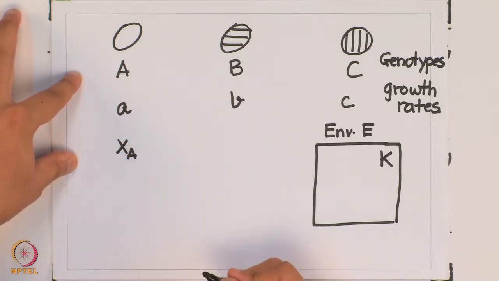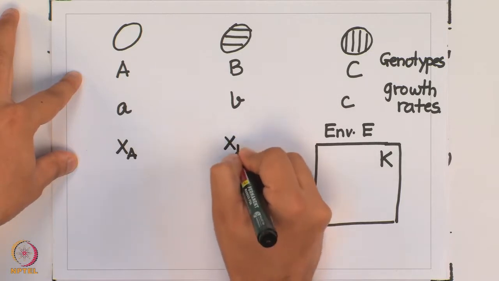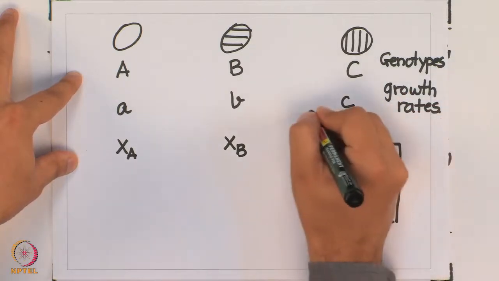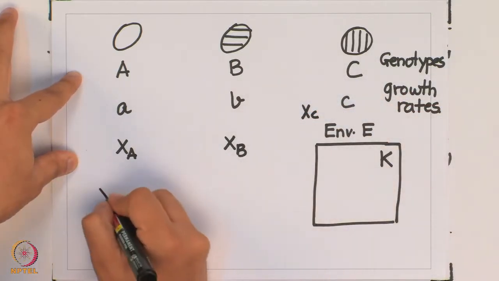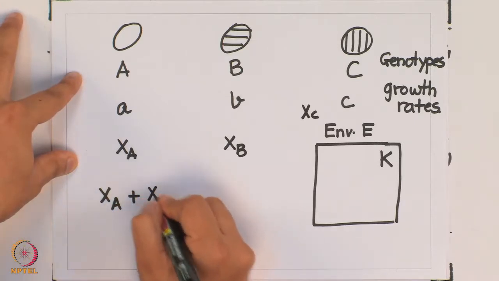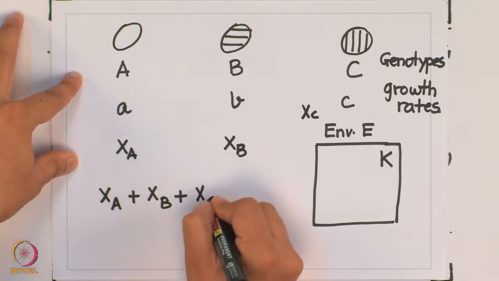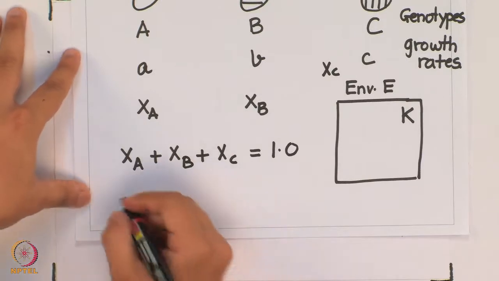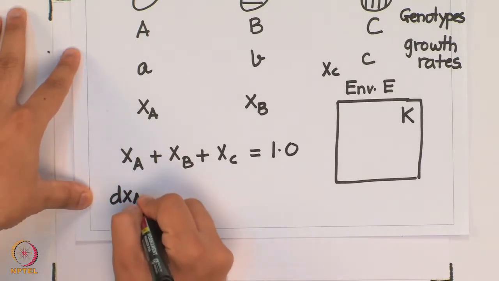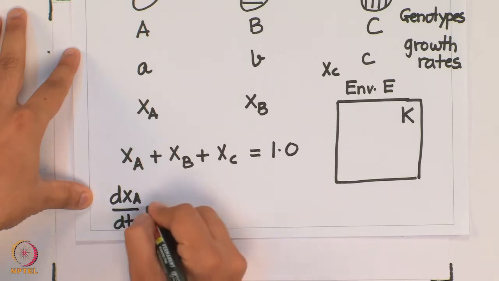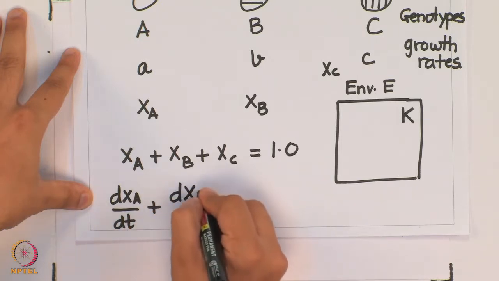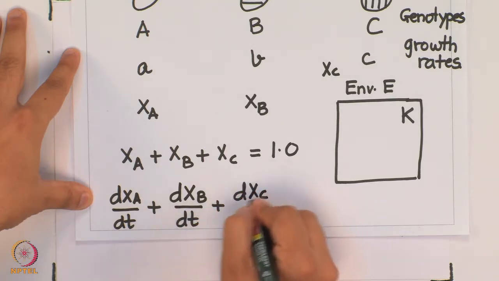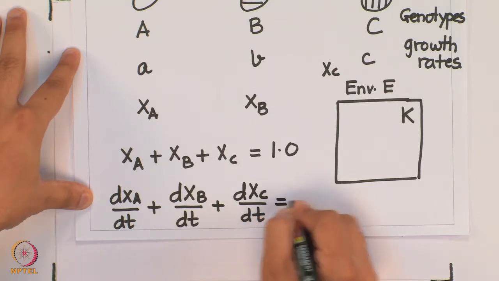The fraction of the individuals that belong to genotype B will be fraction XB, and similarly the fraction of individuals that belong to genotype C will be XC, and XA plus XB plus XC will always have to be equal to 1. And when we differentiate with respect to time, we get dXA by dt plus dXB by dt plus dXC by dt equal to 0.